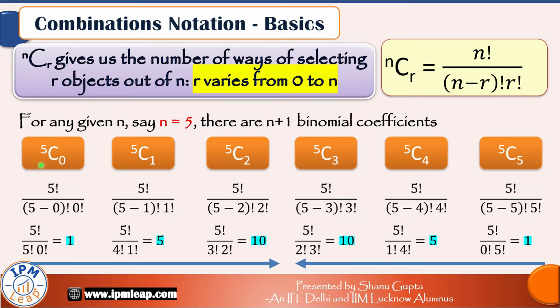So 5C0 we can see is equal to 5C5. 5C1 is equal to 5C4. 5C2 is equal to 5C3. Isn't it? And the second important observation is that the first and last binomial coefficient is always equal to 1. And these binomial coefficients first increase in value and then decrease in value. So somewhere around the middle, they take the maximum value.